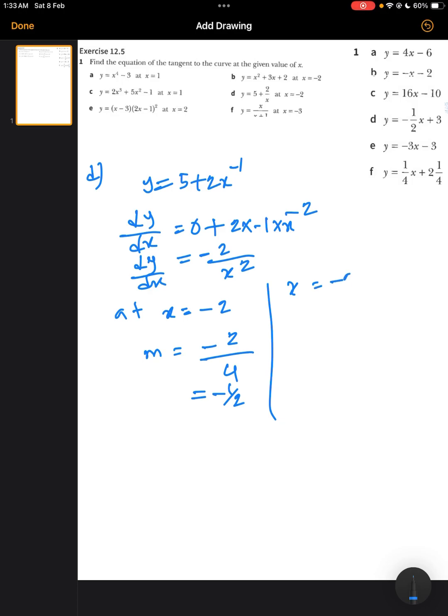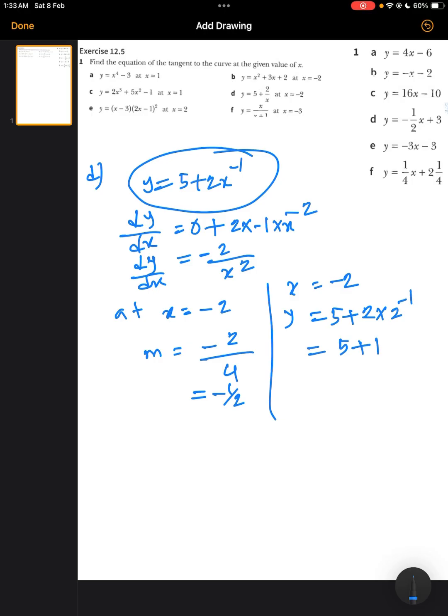When x is equal to -2, then y would be, in the very first equation, 5 plus 2 times 2 to the power -1, so 5 plus 1, which is 6. So our x1 comma y1 value would be -2 comma 6.